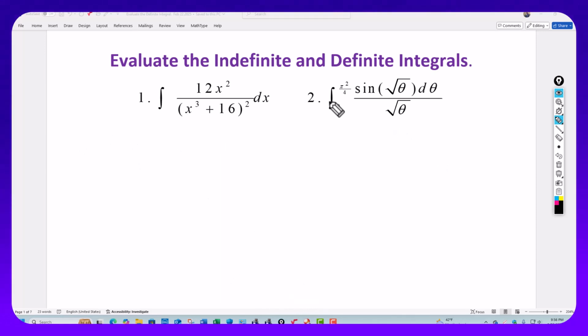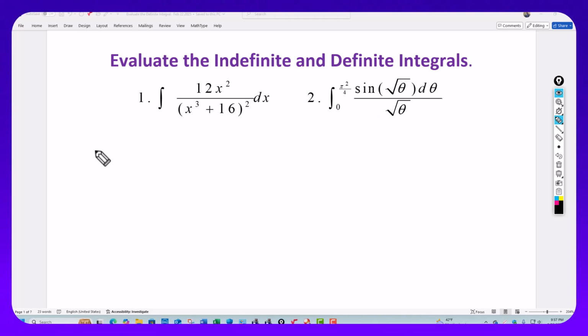Now the next one, I have the definite integral from 0 to pi squared over 4 of sine of the square root of theta over the square root of theta d theta. The square root of theta, if I take the derivative of that, that'll give me 1/2 theta to the negative 1/2 power.